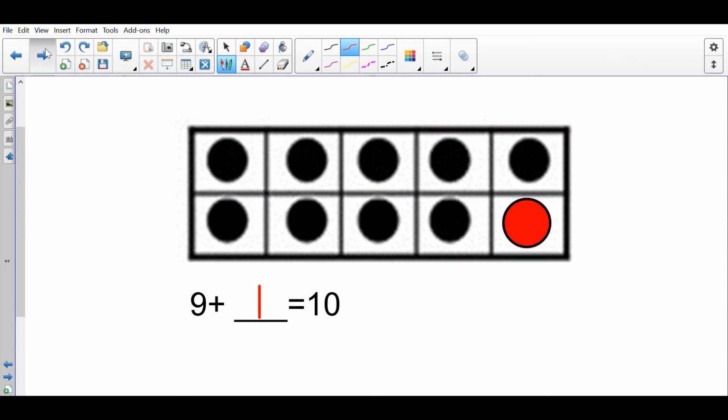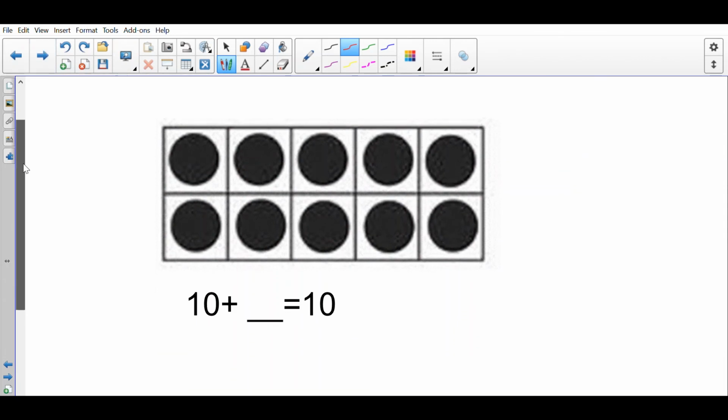Okay, let's do our last 10 frame. What do you notice about this 10 frame? It's all filled up, right? And we know that when a 10 frame is all filled up, there's how many dots? 10. There's 10 dots already. So 10 plus what is going to make 10? 0. 10 plus 0 equals 10.